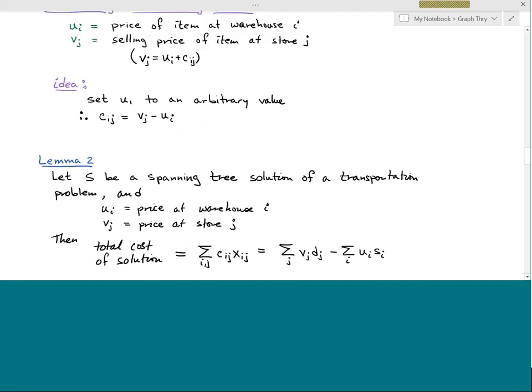What we're basically doing is solving for all of the edges that are currently used in your current solution. Note that means we don't actually have to solve for all of these little U_i's and V_j's in the entire system. And it turns out that the property that allows us to do this is a linear algebra property.